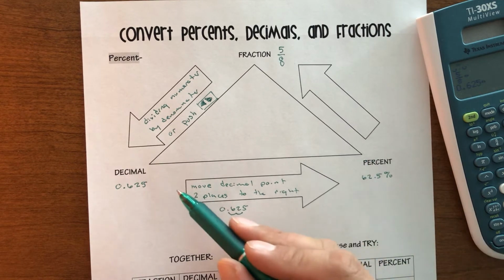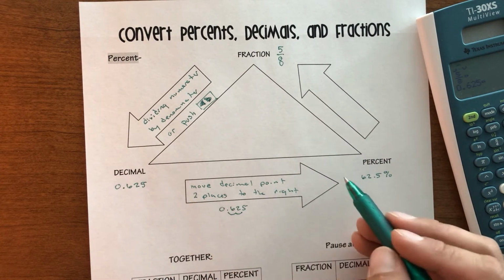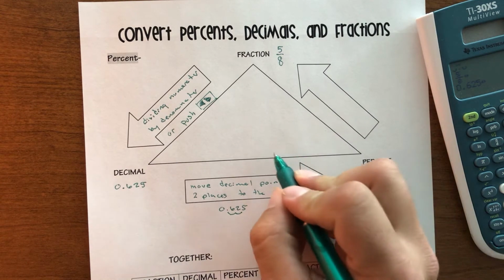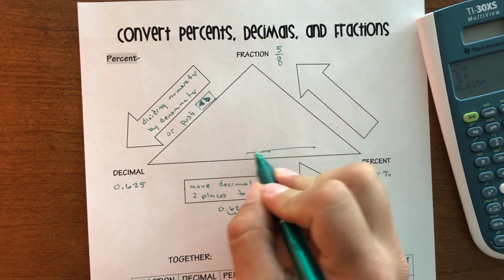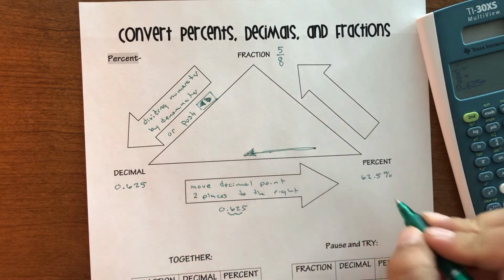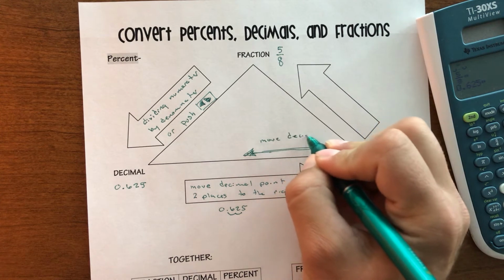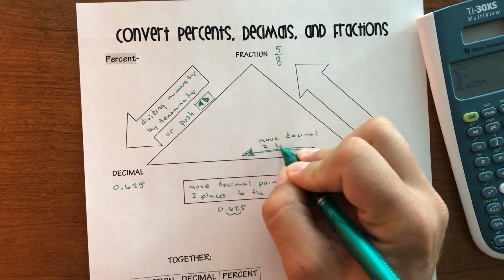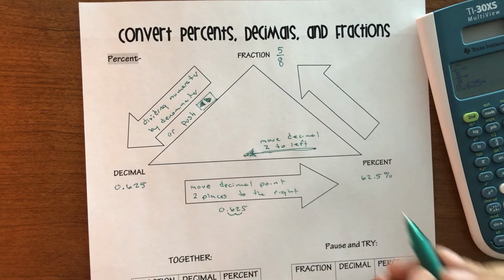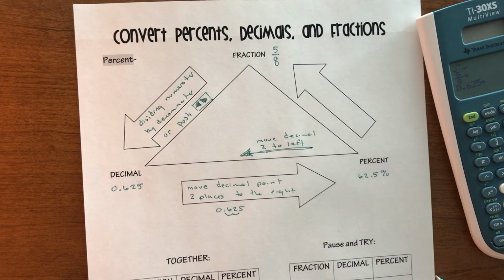I can also do that backwards. I can go from a percent to a decimal doing the same thing, but when I go from a percent to a decimal, I get smaller. So to go backwards, and if you want to put a little backwards arrow here on the inside, from a percent to a decimal, I'm just going to move the decimal 2 to the left, and that takes it back to a decimal for me.